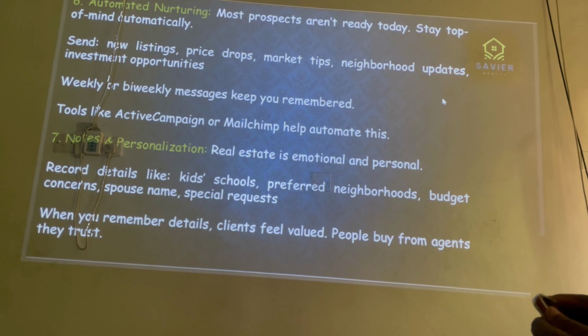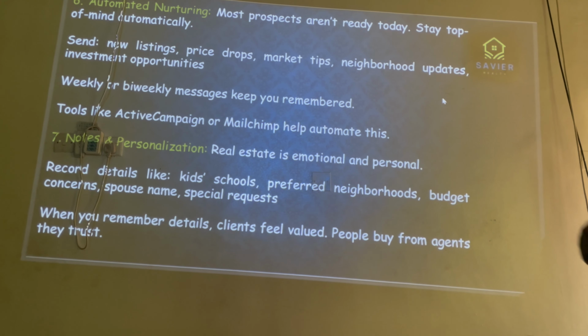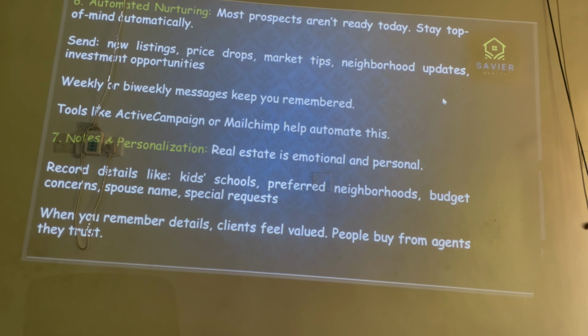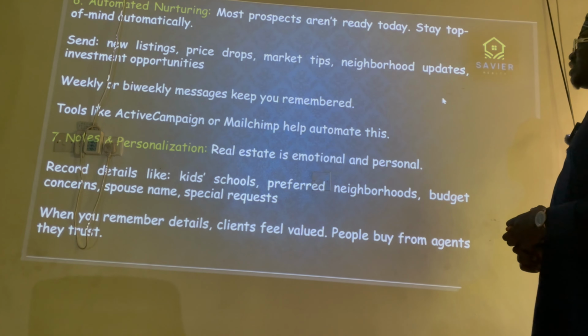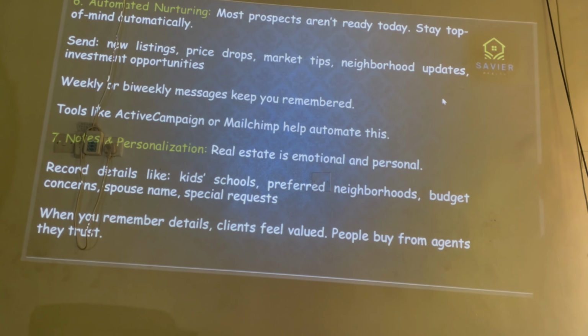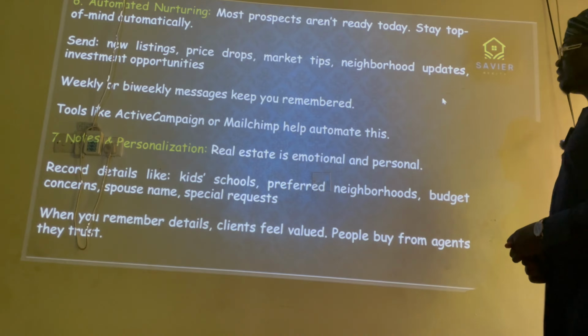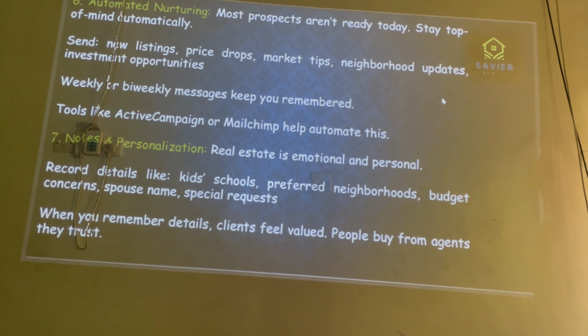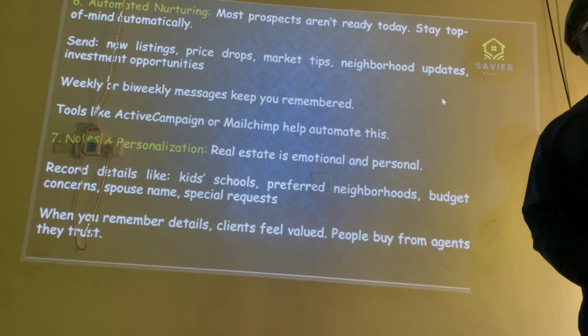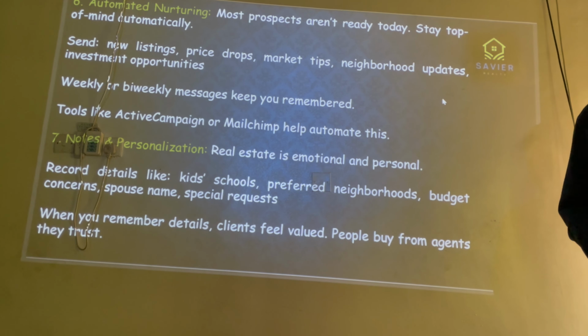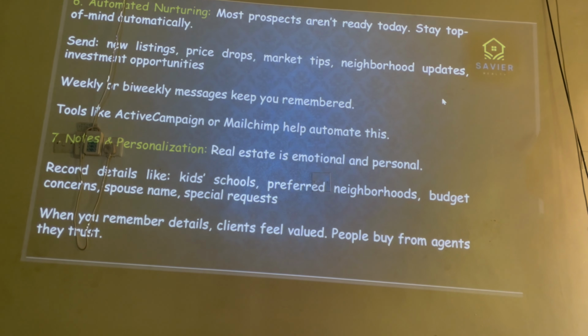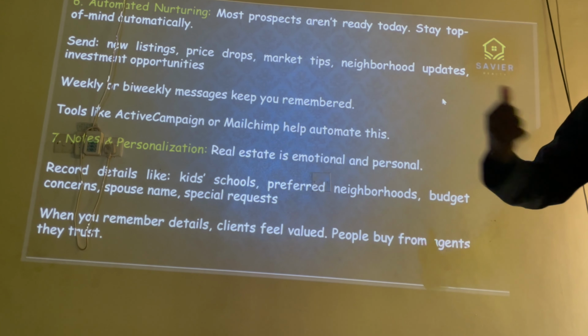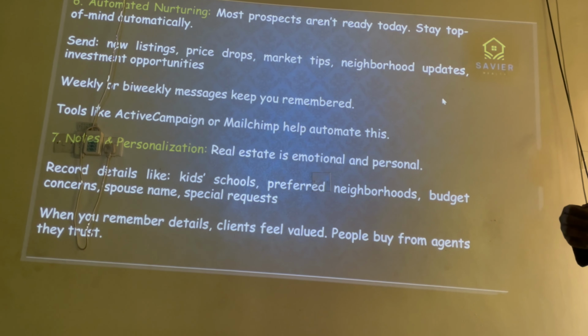Stay top of mind automatically. Send new listings, price drops, market tips, neighborhood updates, investment opportunities. Weekly or bi-weekly messages keep you remembered. Tools like ActiveCampaign or Mailchimp help you automate this. All these big organizations, you just receive emails from them. It's not like they are actively sending it.